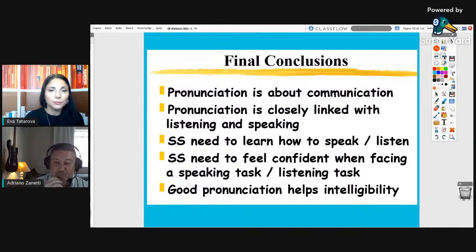But above all, and more importantly, that they can face any speaking or listening outside the classroom environment, the real world environment, because that's what life is about, the confusions of life. And if we can minimize the pain and maximize the gain in terms of language abilities via pronunciation, we are the ones responsible for doing it, or at least flagging where the light at the end of the tunnel can be.